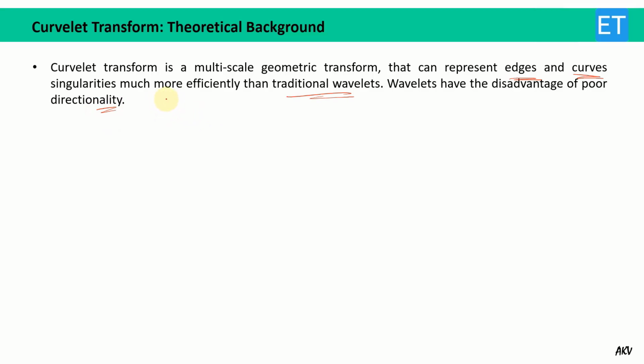As you know, if you have seen my previous video, wavelets are still good in capturing the horizontal, vertical, and then diagonal directions or such edges present in the images. But if they need to capture the detail along the curvature, they are not good.